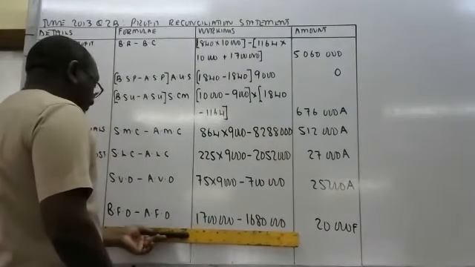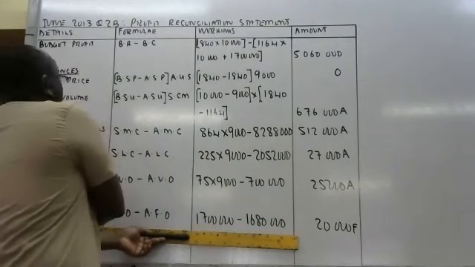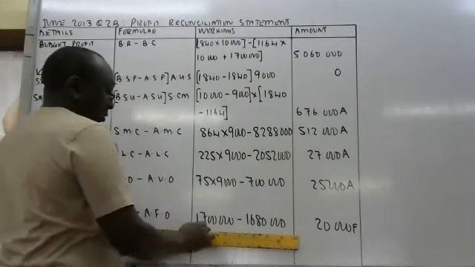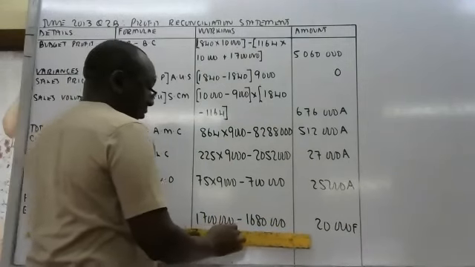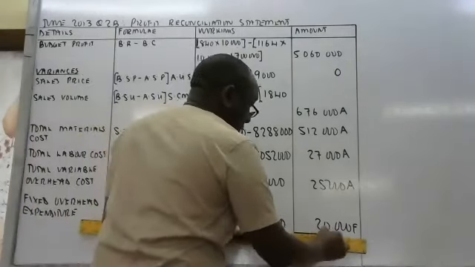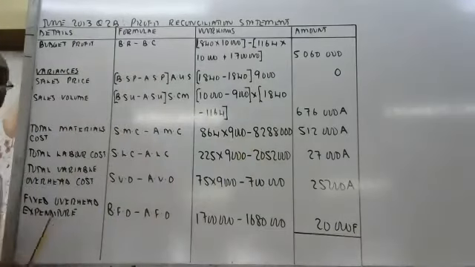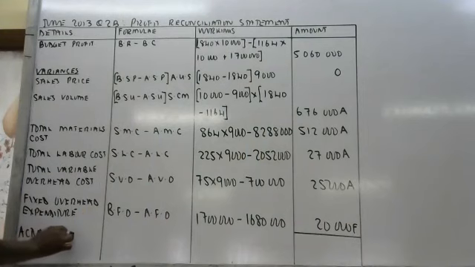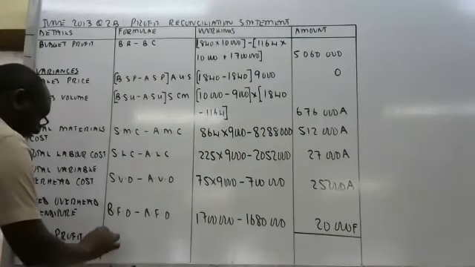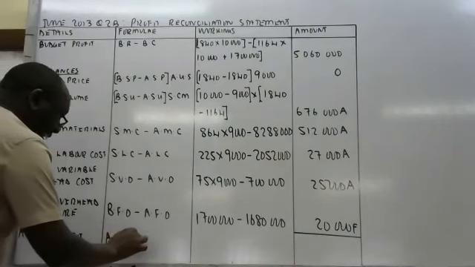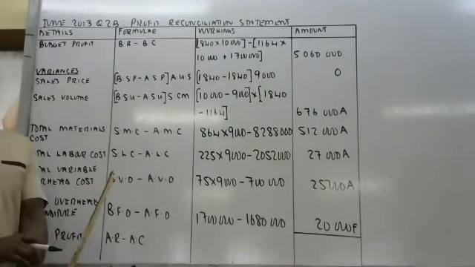Then we now get the actual profits. The actual profit is the actual revenue minus actual costs.